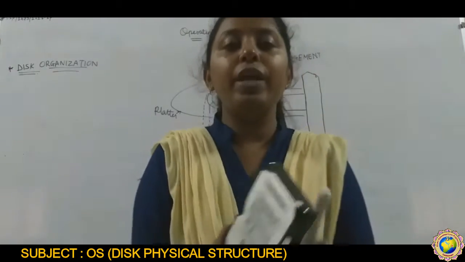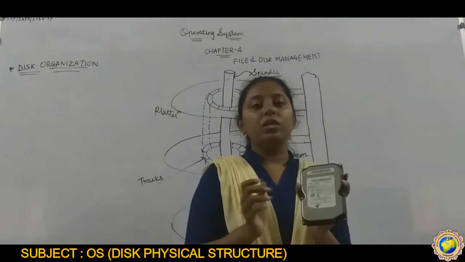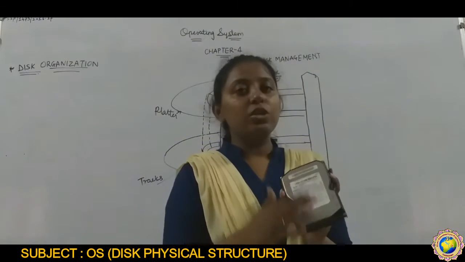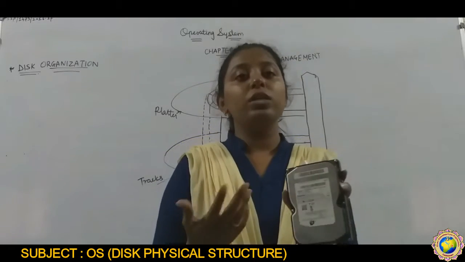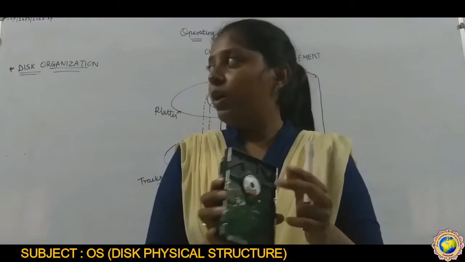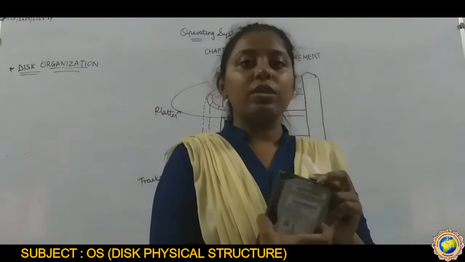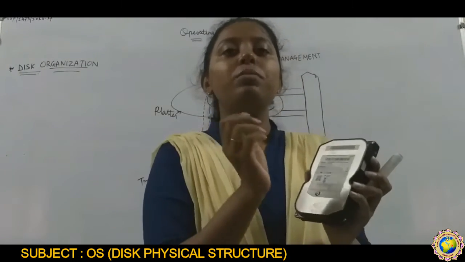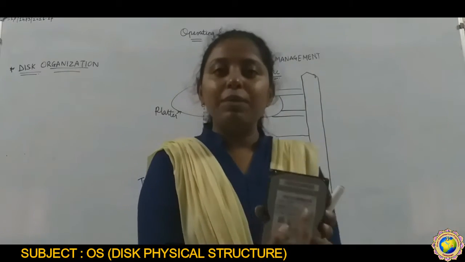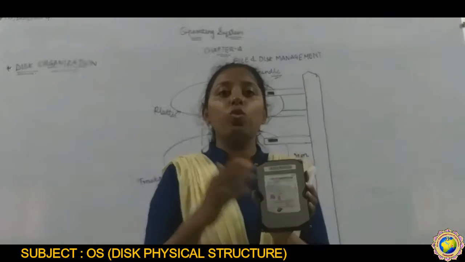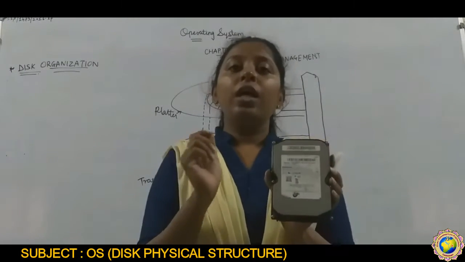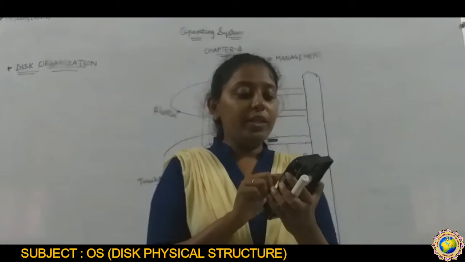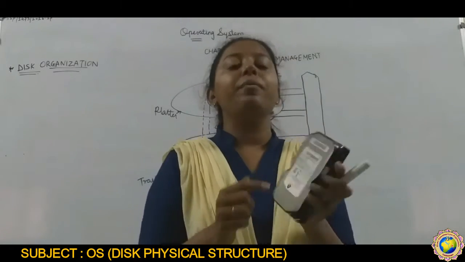See here, we have the hard disk. This is a 3.5 inch hard disk, shown like this. On the hard disk, some information is given, like 80 GB, which means the storage capacity of this hard disk is 80 GB, and 7200 RPM.